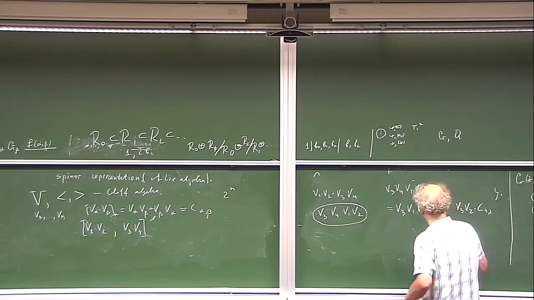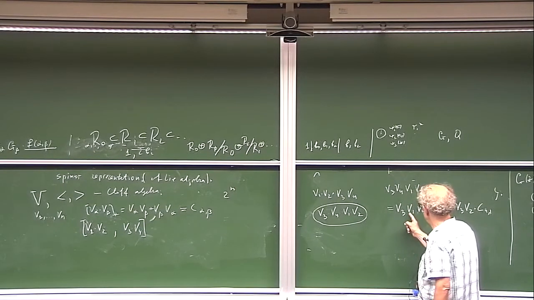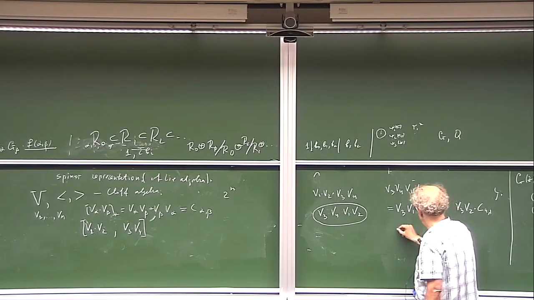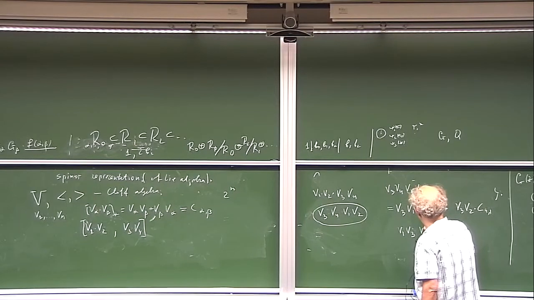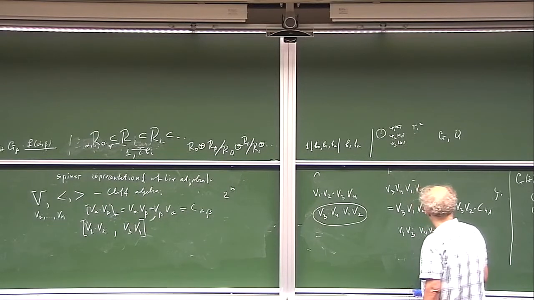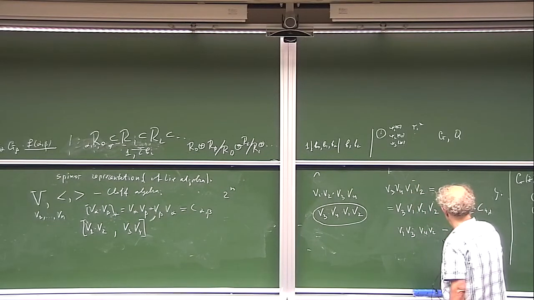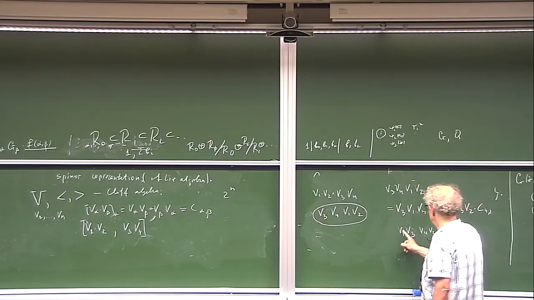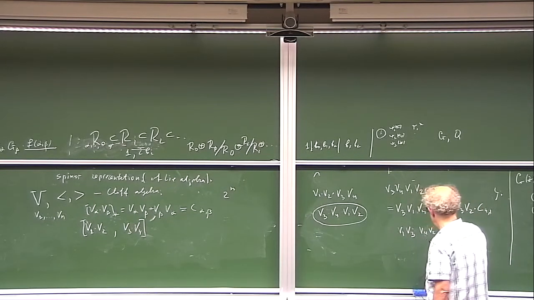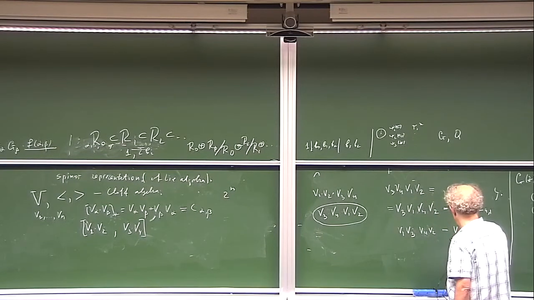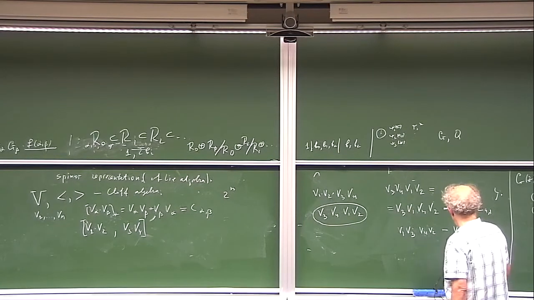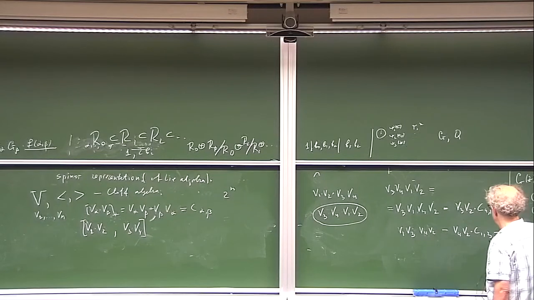So I start to do it. I write this. Next, I want to put V1 here. So it will be V1, V3, V4, V2, minus V4, V2. And here I have C1,3. And the remaining is minus C3, V3, V2, C4,1.